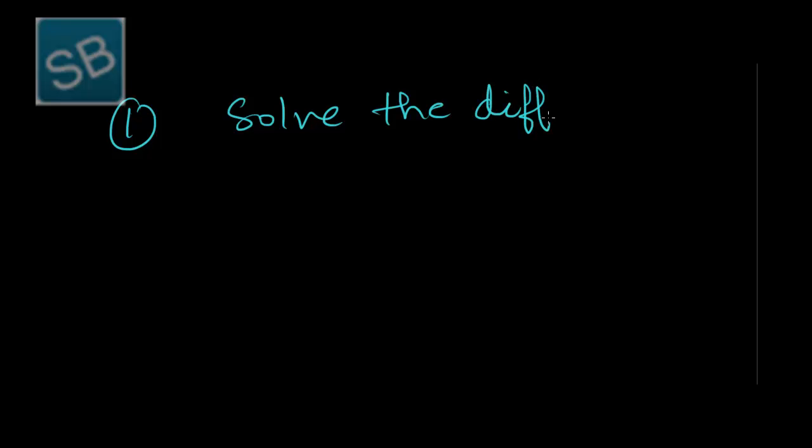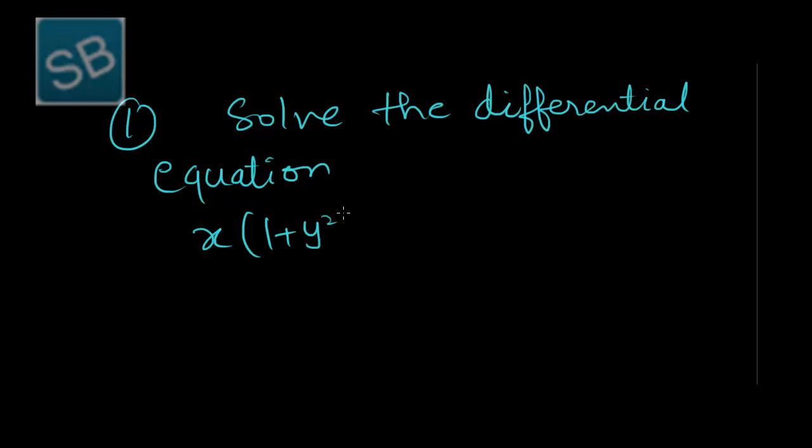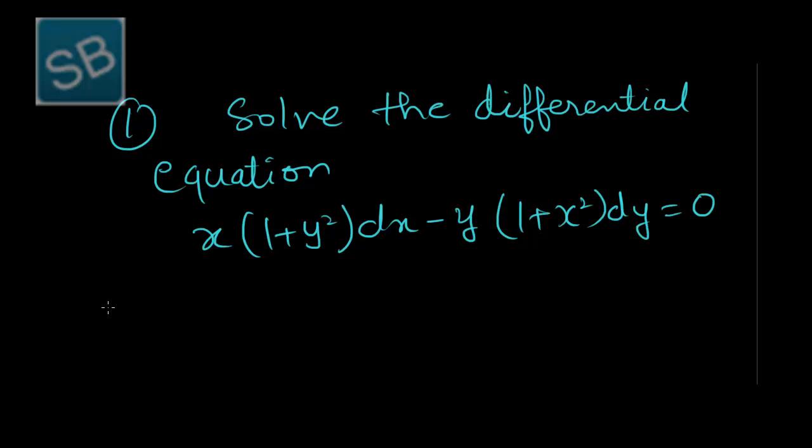Now we will do problems based on the variable separable method. So the first problem is: solve the differential equation x into 1 plus y square dx minus y into 1 plus x square dy is equal to 0.